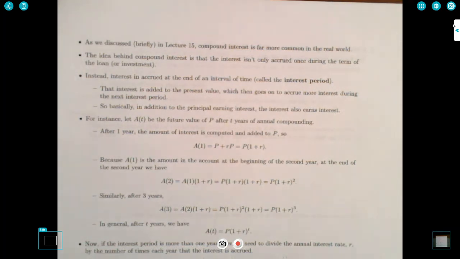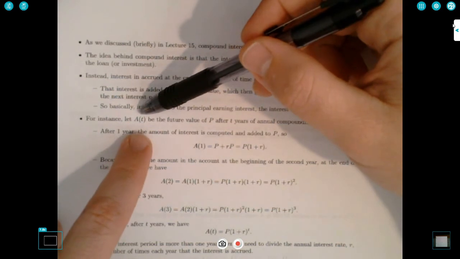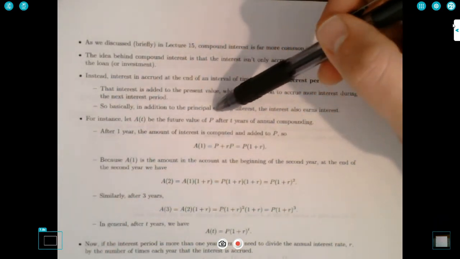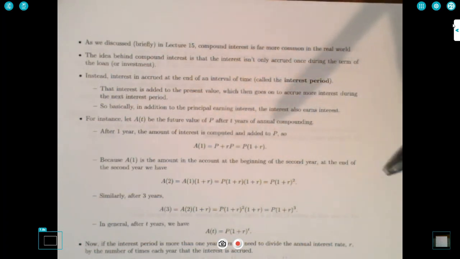Okay, so for instance, let's say that A of t is the future value of P after t years of annual compounding. After 1 year, the amount of interest is computed and added to P. So after 1 year, the amount is P plus interest rate times P, or we can factor out the P and call it P times 1 plus R. That's because t equals 1 in this case.